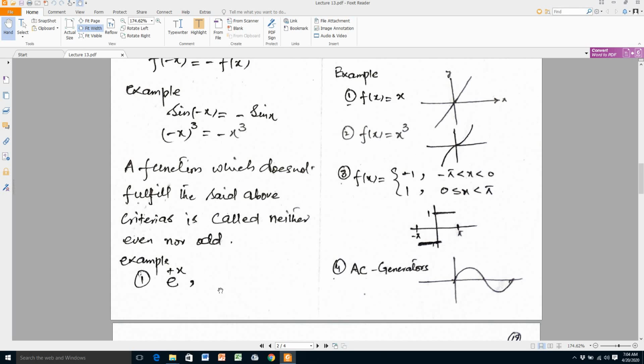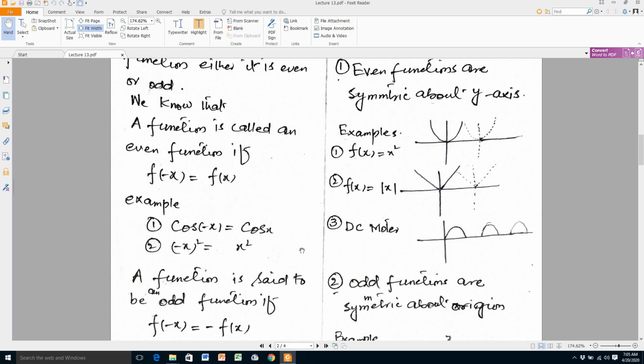In trigonometric functions, sine, cosine, and we take another, e raised to the power x, the exponential function. Cos is an even function, sine is an odd function, and exponential is neither even nor odd.